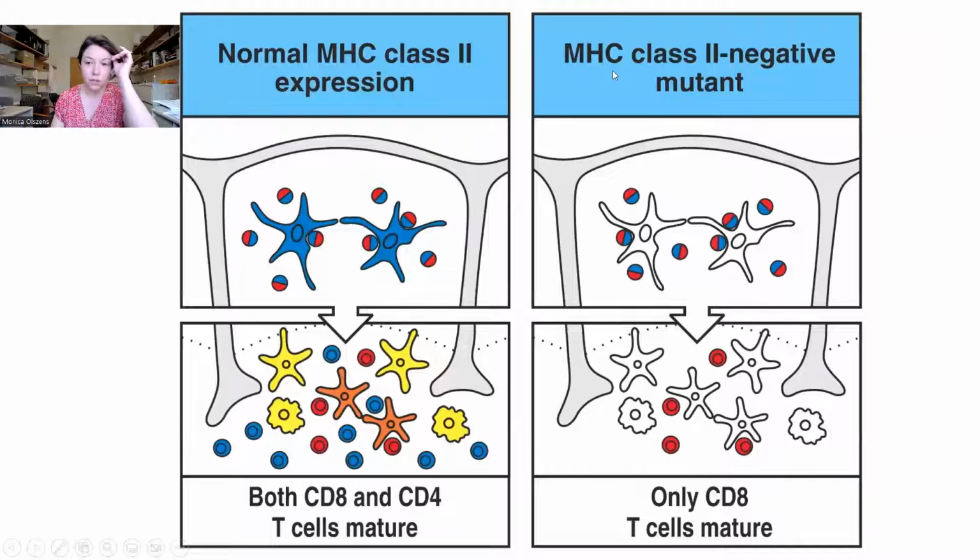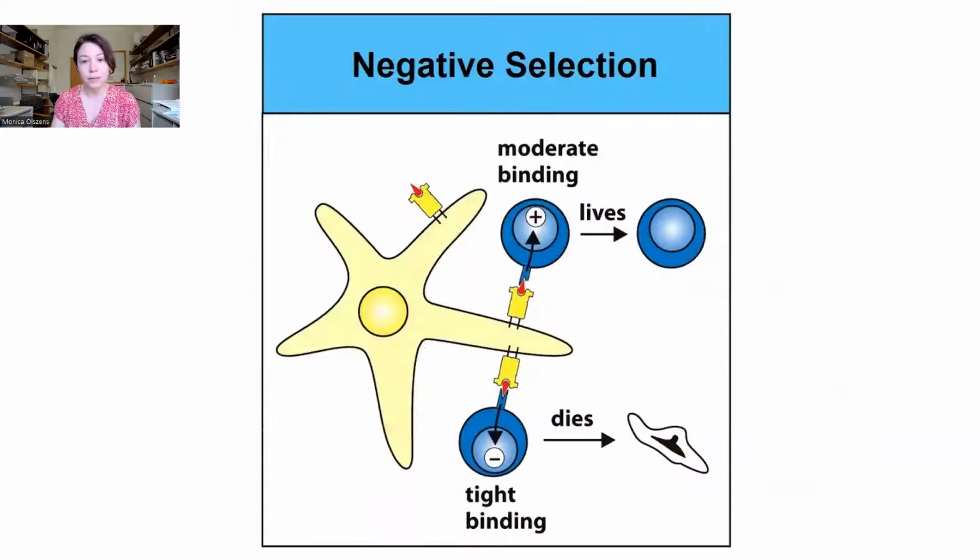If for some reason you're a very rare person who has a defective MHC class 2, you would only get CD8 T cells. You get no CD4. So that's how important the connection is between the T cell receptor and the MHC class 1 or 2 receptors.